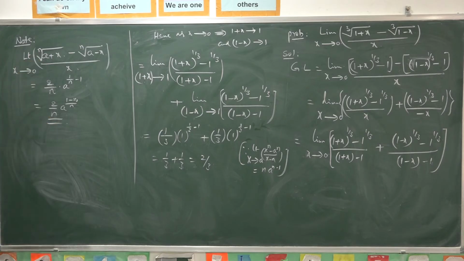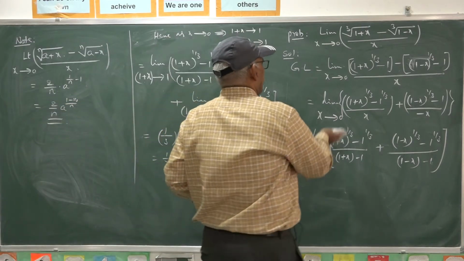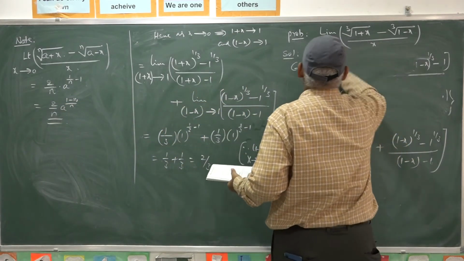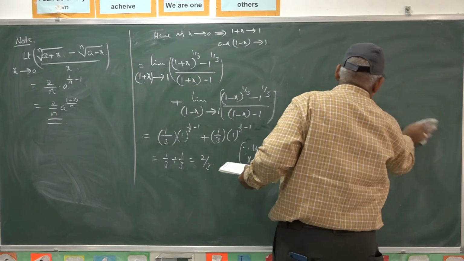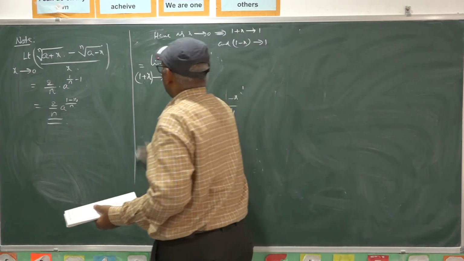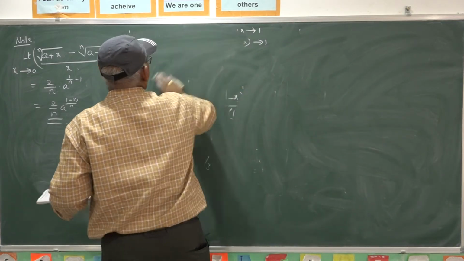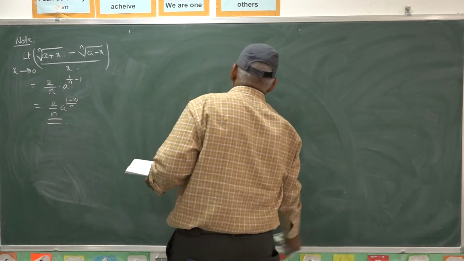So you can use this one as a formula. Keeping that formula in your mind, you can evaluate such limits. That is also one useful formula to us, exclusively to evaluate such limits.